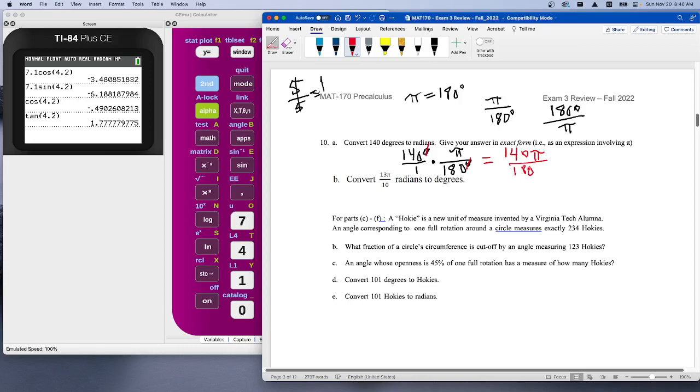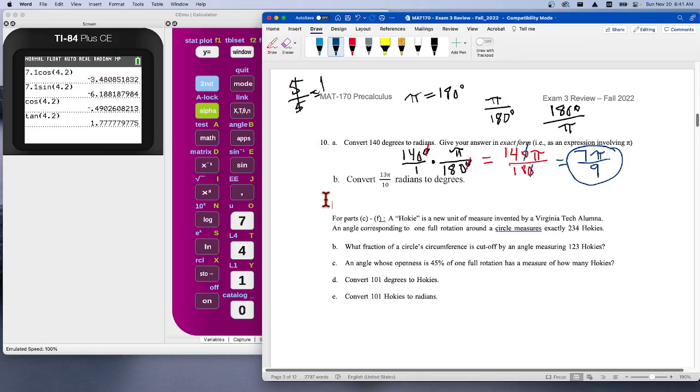Now, this can be reduced, yes. 10 goes into both of these, and then 2 goes into both. 2 goes into 14 7 times. 2 goes into 18 9 times. So that's our answer.